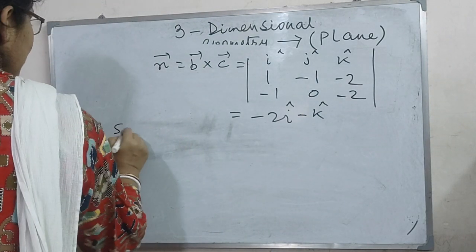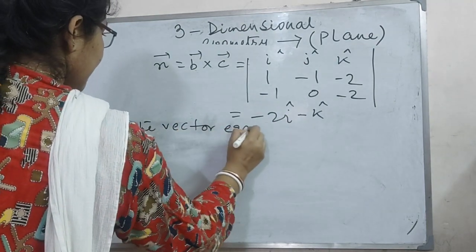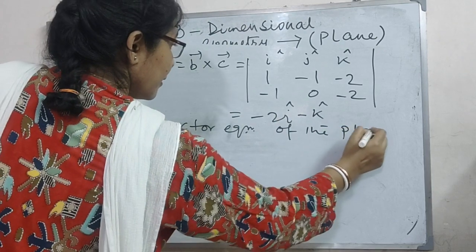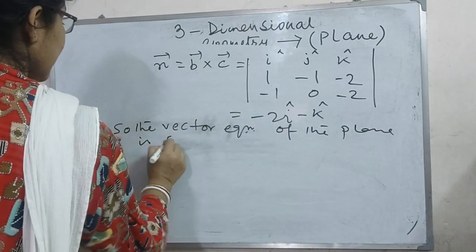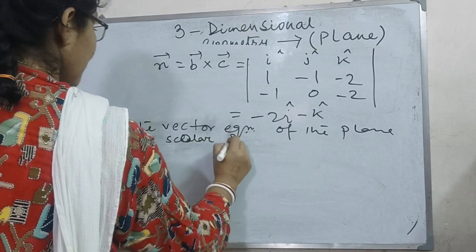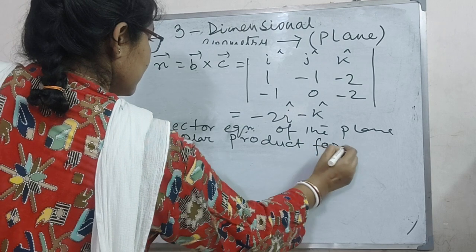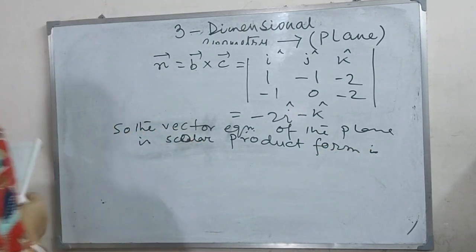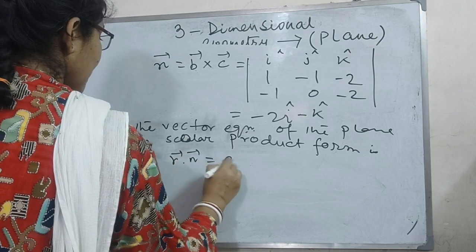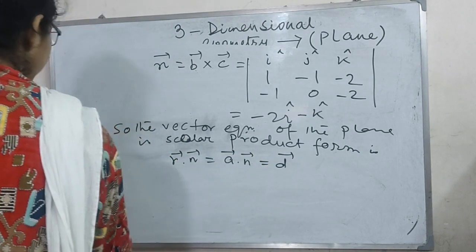So the vector equation of the plane in scalar product form is r dot n equal to a dot n. This is equal to d.